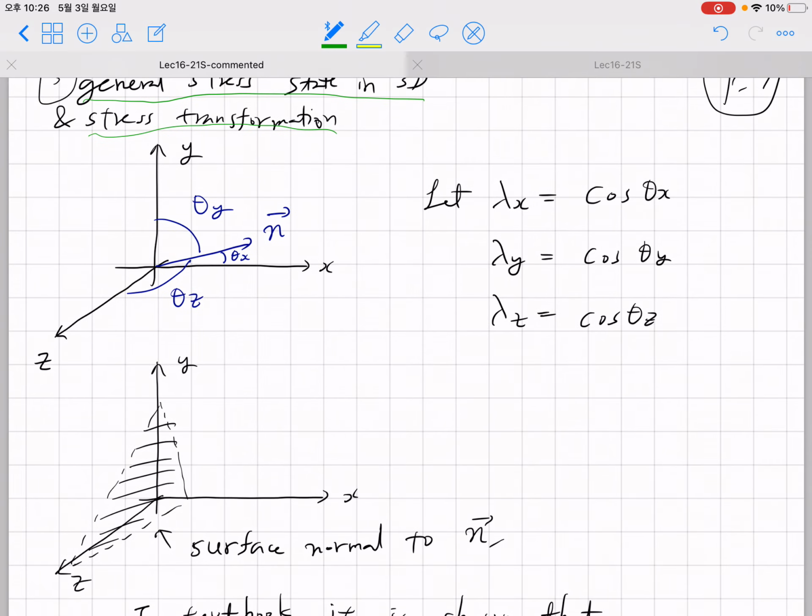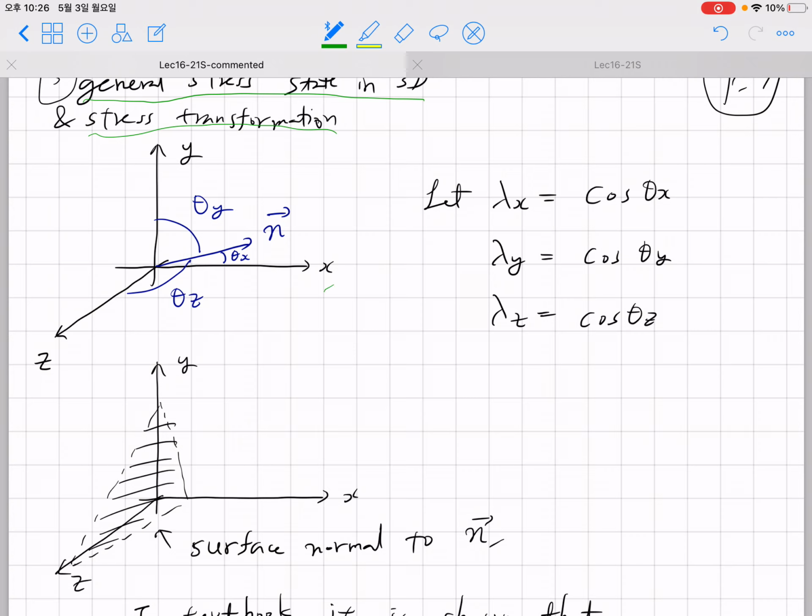So first of all, let me set up some sort of coordinate system and some vectors and angles, and based on that, let me do something similar to what we did back in Mohr circle and plane stress problem. So here, what you're gonna do is the following.